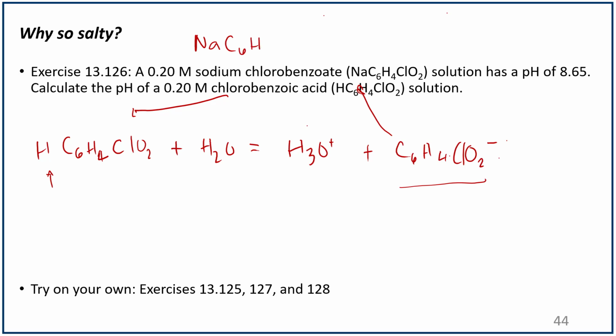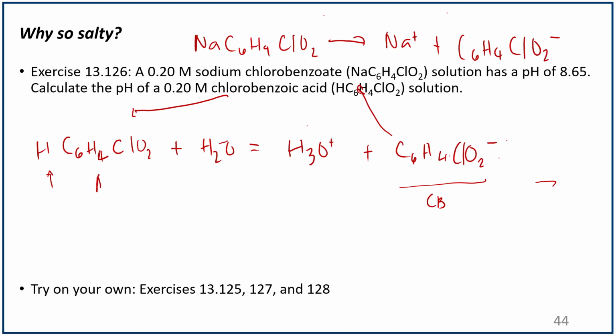And this is the basic part of sodium chlorobenzoate, which as a salt also dissociates in solution into sodium plus and C6H4ClO2 minus. Now let's label that as conjugate base and weak acid.